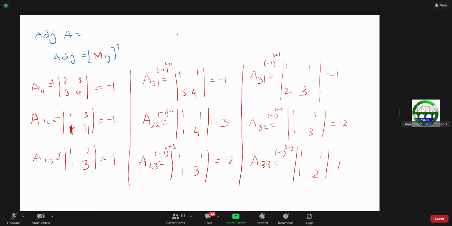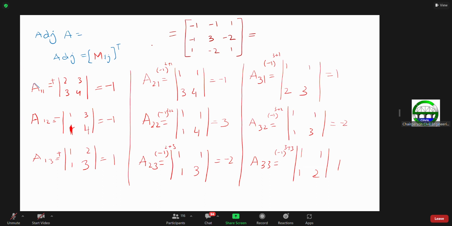So we can write it in this way: -1, -1, 1. And then -1, 3, -2. And finally 1, -2, 1.